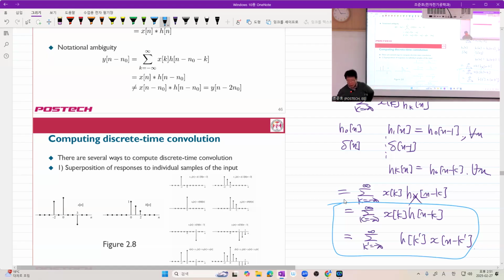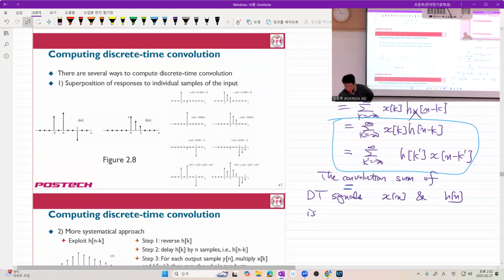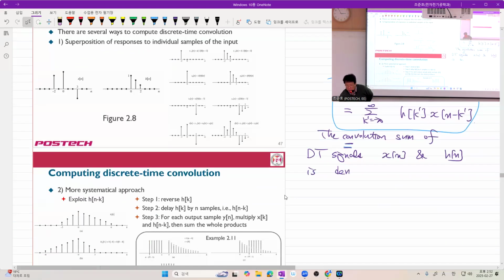By the way, this summation is mathematically named as what? The convolution sum. Of course, mathematicians will say sequences, but for signals x and h, it is denoted by x[n] asterisk h[n].